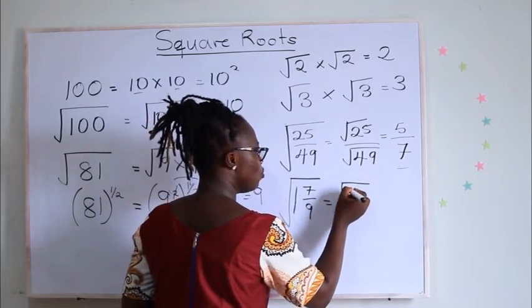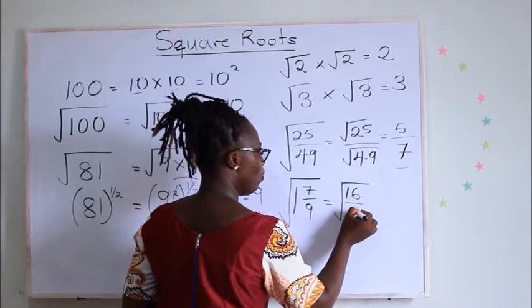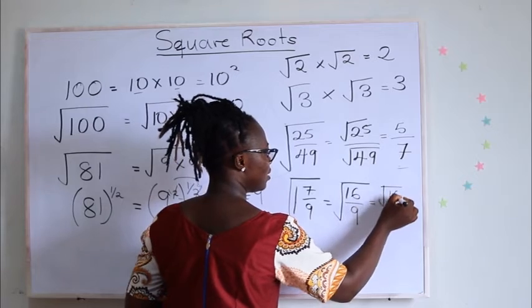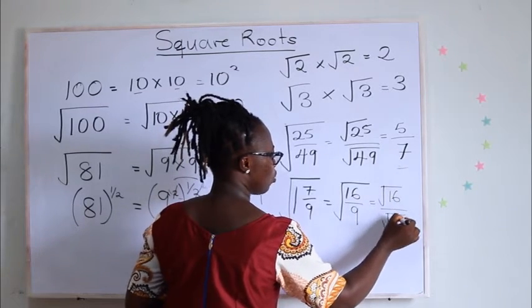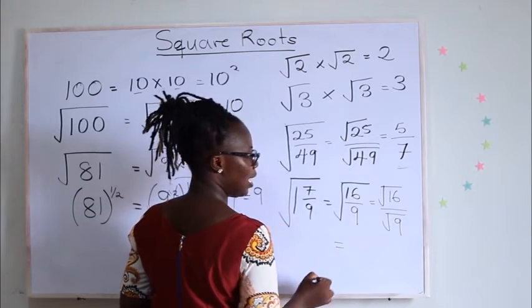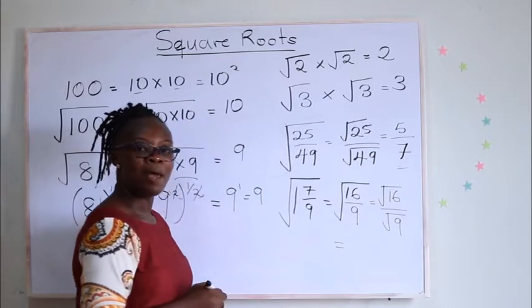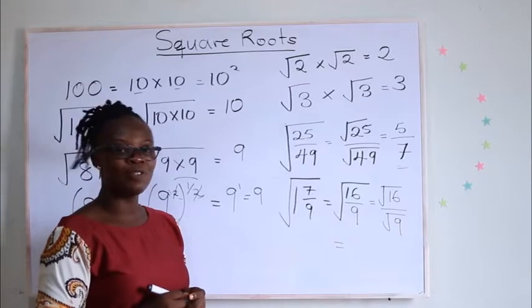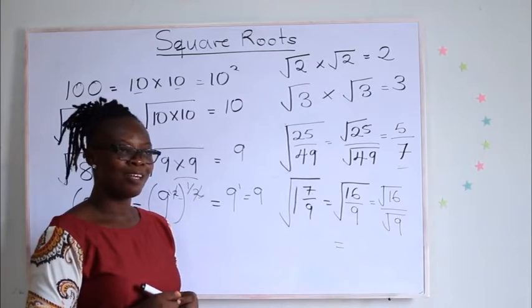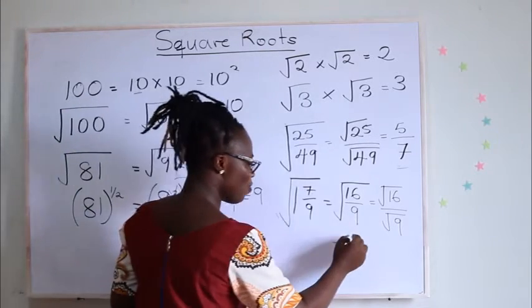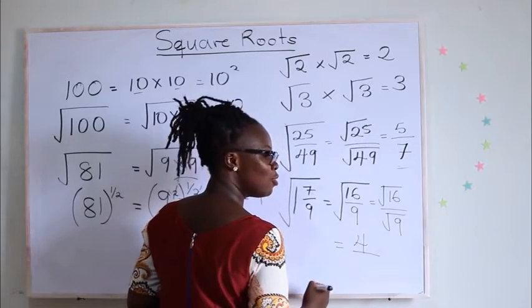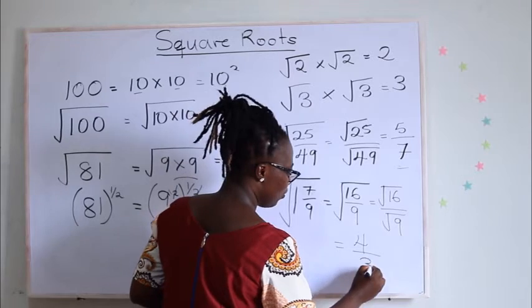So I have the square root of 16/9, which is square root of 16 over square root of 9. What number will we multiply by itself to get 16? Very good. That is 4. Then the square root of 9 is going to be 3.